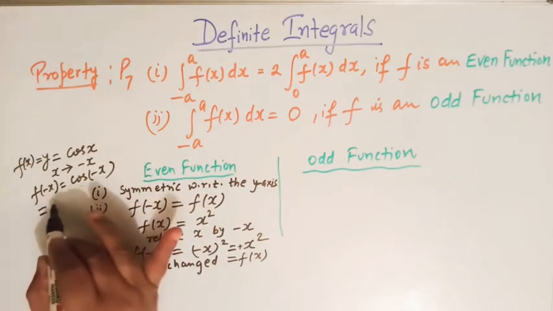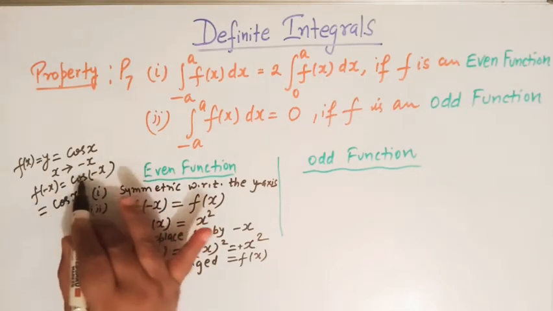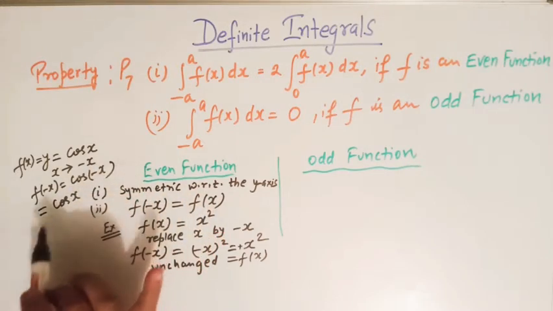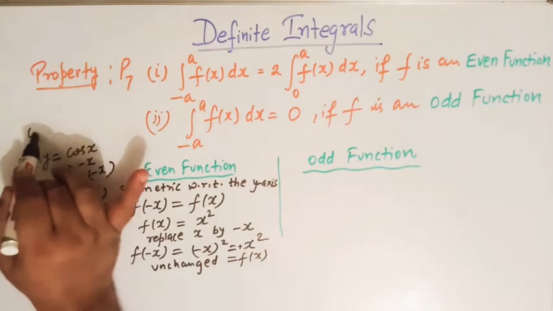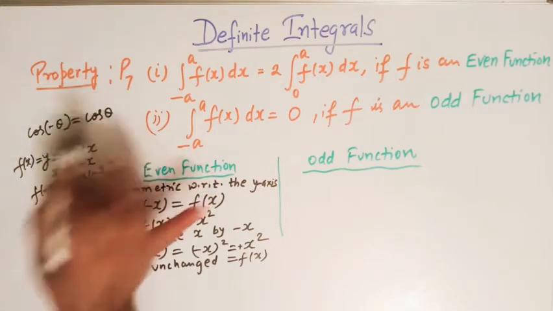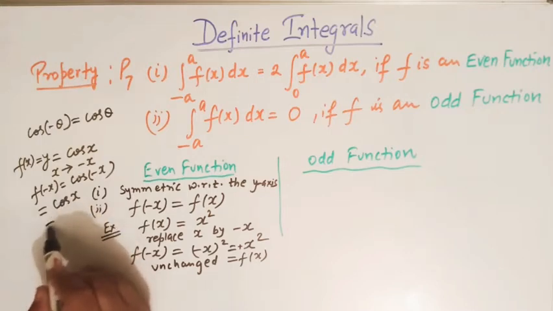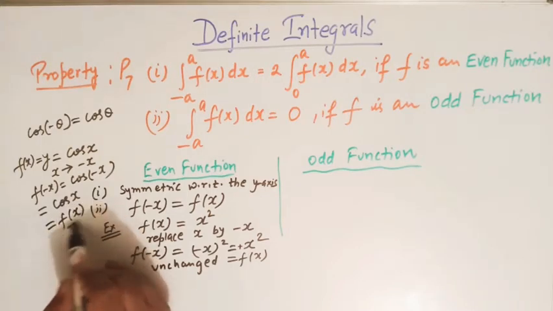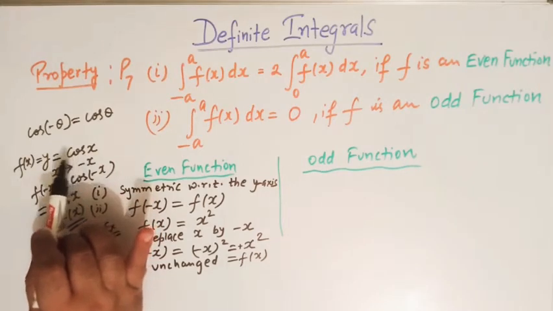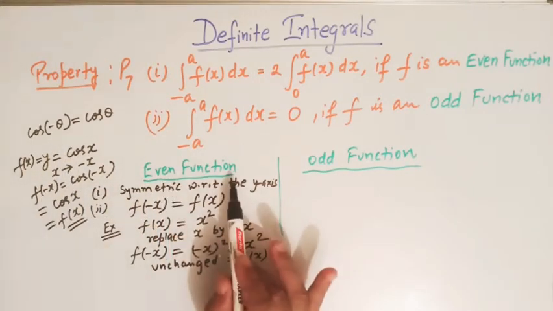So this is cos of x, because cos of minus theta is equal to cos of theta. From trigonometry we know that cos of minus theta is equal to cos theta. So this is cos x and it is equal to f of x. So the cosine function is an even function, right?